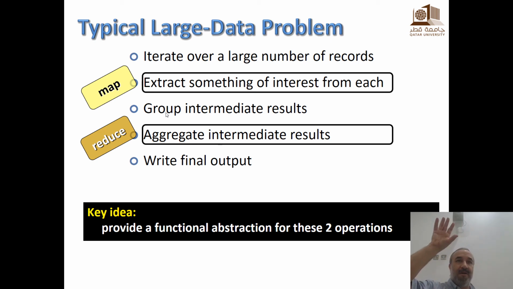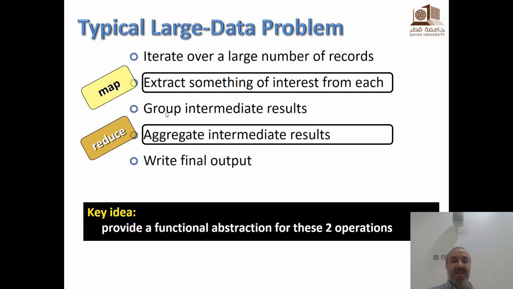If you adhere to the structure of your code, to the structure of the programming model of how map is called, I mean the signature of the map function and the signature of the reduce function, everything will be seamless for you. Okay? More details later, but we'll get into it step by step.